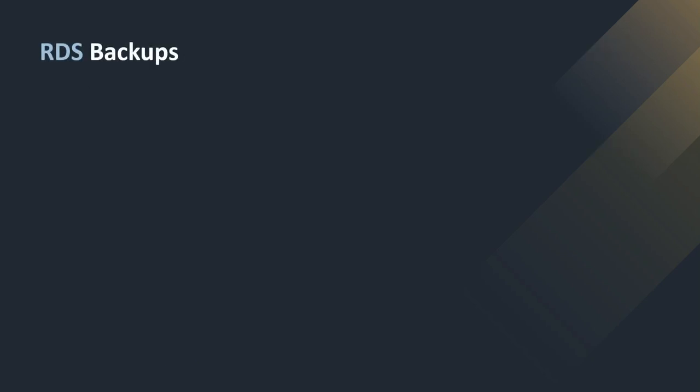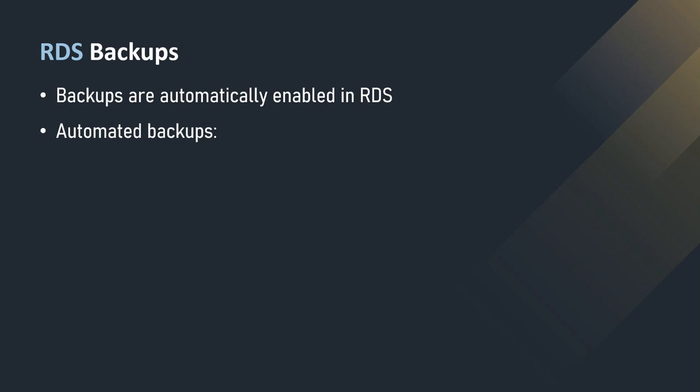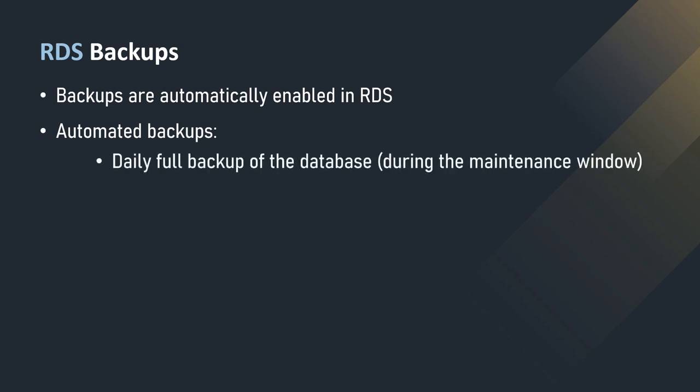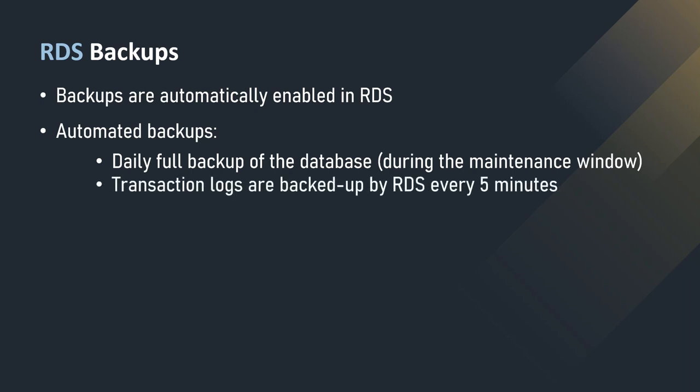So let's talk about RDS backups for a little bit. Backups are automatically enabled in RDS, and you have automated backups. They are daily full backups of the database, which are done during the maintenance window that you define. Then the transaction logs are backed up by RDS every 5 minutes.